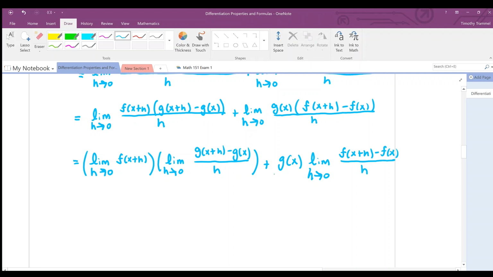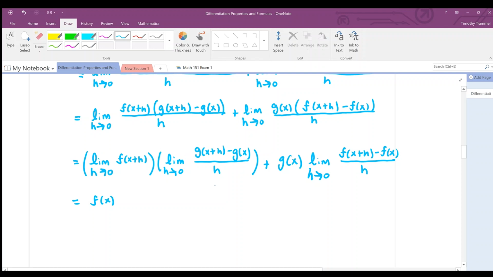And you might be wondering, why didn't I write the limit sign in front of g of x here? Well, it doesn't have any h's in it, so it's not really affected by the limit. While this f of x plus h does have an h in it, so it will be affected by this limit as h goes to 0. So this limit as h goes to 0 of f of x plus h should just be f of x.